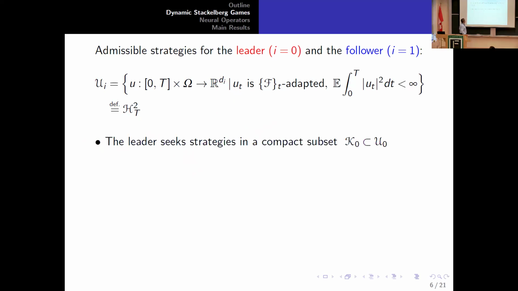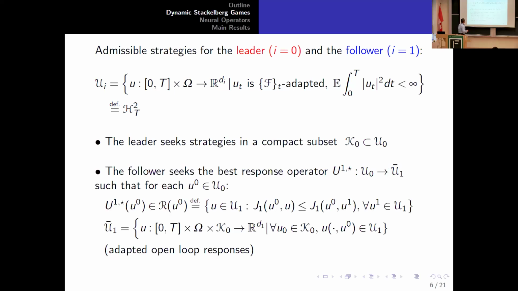The leader seeks strategies in a compact subset K0 of U0. We use a compact subset because later the neural operator acts on compact sets. So we assume the leader uses strategies in compact subsets. The follower chooses the best response operator that maps from U0 to U1.